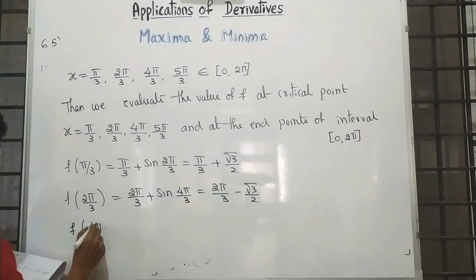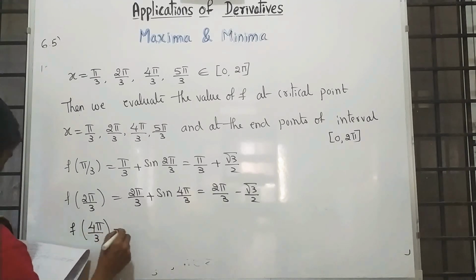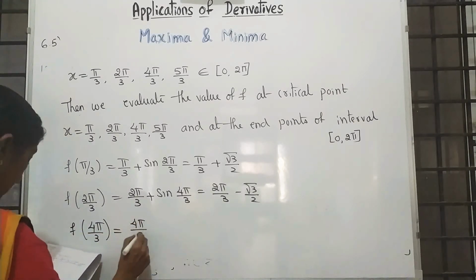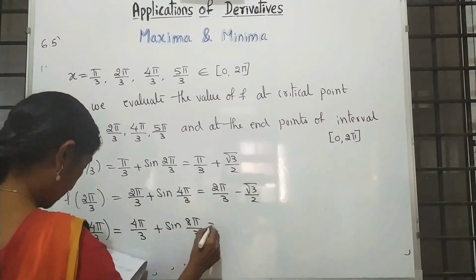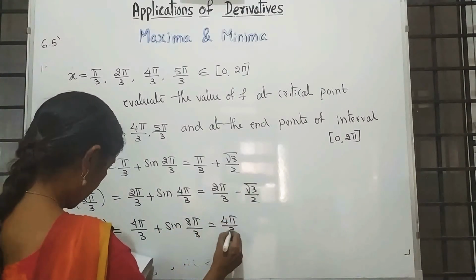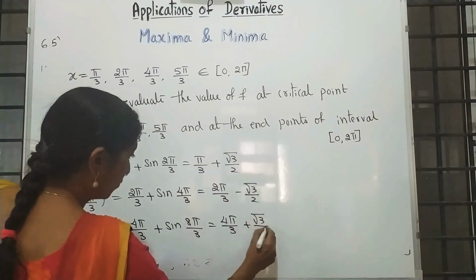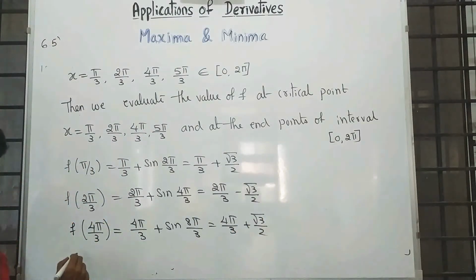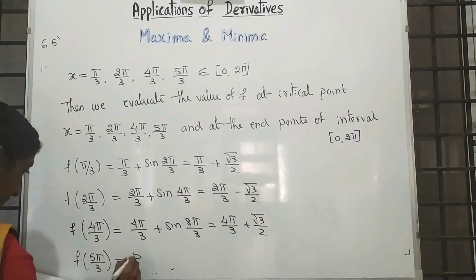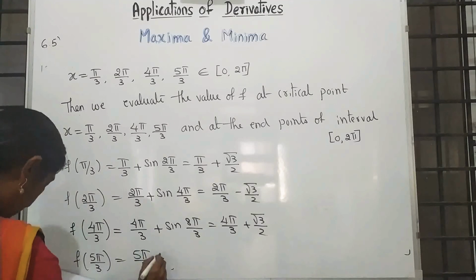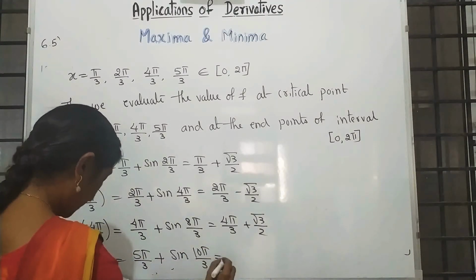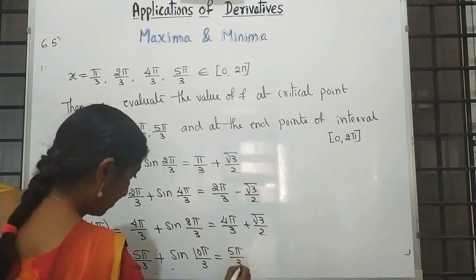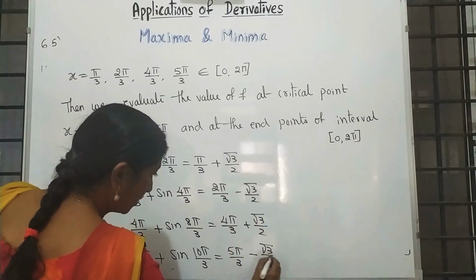F of 4 pi by 3, 4 pi by 3 plus sin 8 pi by 3. So answer is 4 pi by 3 plus root 3 by 2. F of 5 pi by 3, 5 pi by 3 plus sin 10 pi by 3. That is 5 pi by 3 minus root 3 by 2.